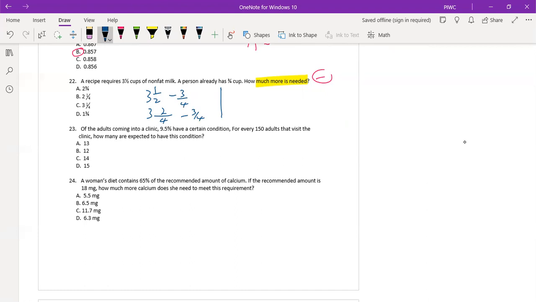We have a whole number to borrow from, so we have to borrow. If I borrow from the whole number, I have 2 whole numbers left. The one that I borrowed, in terms of denominator, is 4 out of 4, 4 parts out of 4 parts. So I add the 4 parts to the 2, so that gives me 6 parts out of 4 minus that. So we end up with 2 whole numbers, 6 minus 3, which is 3 out of 4. So that would be A.